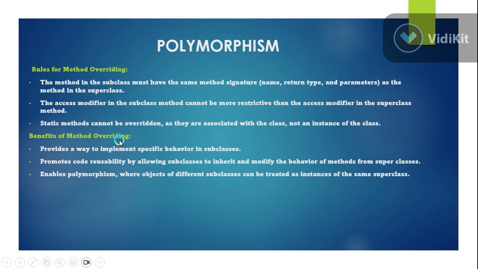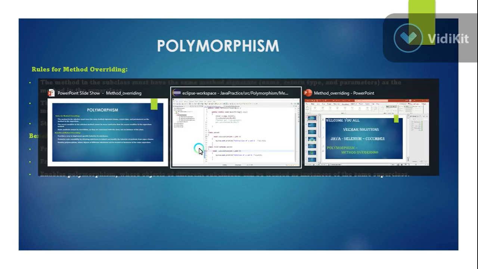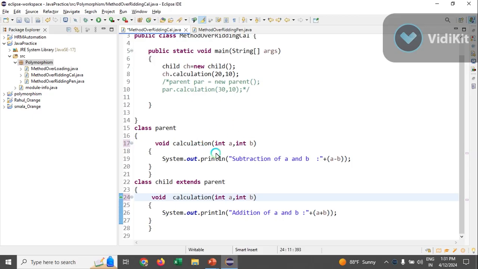The benefit of method overriding is that it provides a way to implement specific behavior in a subclass. It promotes code reusability by allowing a subclass to inherit and modify the behavior of methods from the superclass. What are we doing? Code reusability, but we are changing the behavior of the method.